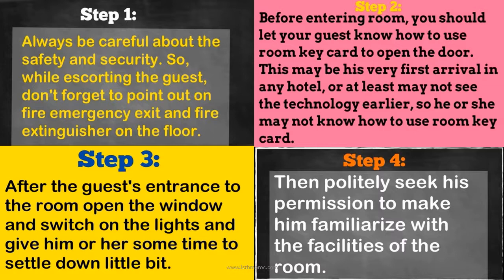Okay, like this. And then when he or she accepts, try to show him or her the air conditioner, for example, the toilet facilities, the bathroom, the towels, the TV, if it's a smart TV or not. So try to familiarize your guest with the facilities the room includes or the room has.